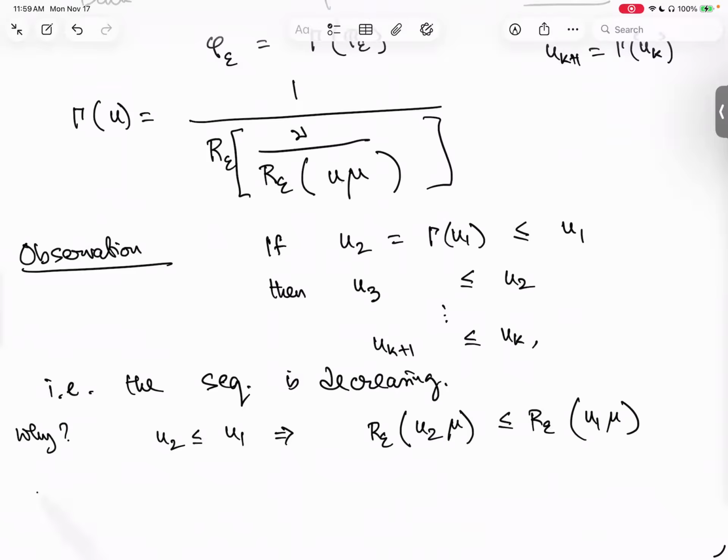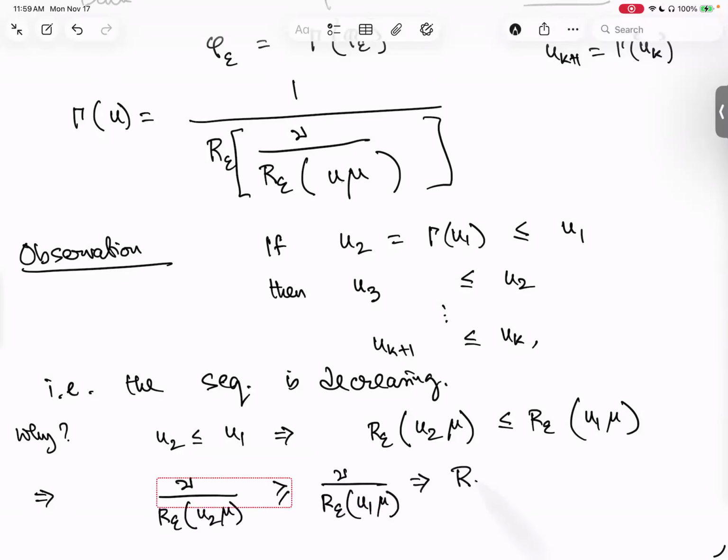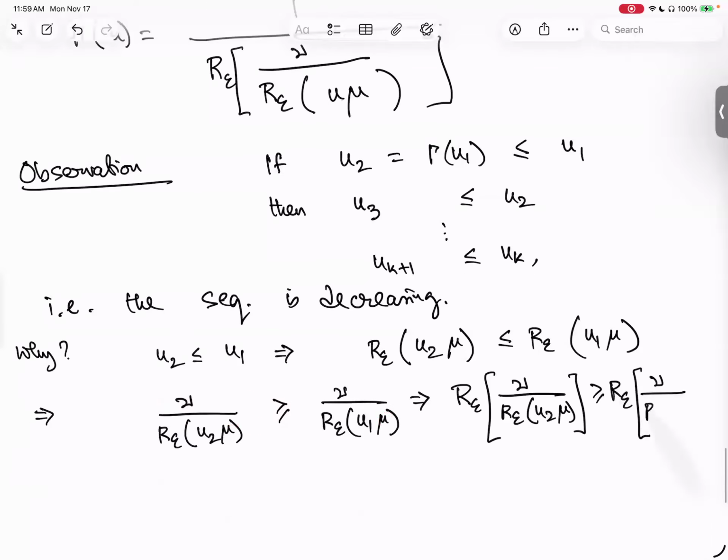But that would mean that nu over R epsilon U2 mu must be greater than or equal to nu over R epsilon U1 mu. But this would mean that R epsilon of nu over R epsilon U2 mu must be greater than or equal to R epsilon of nu over R epsilon U1 mu.